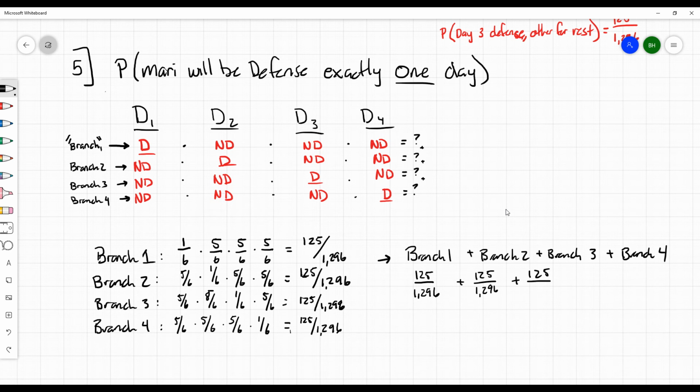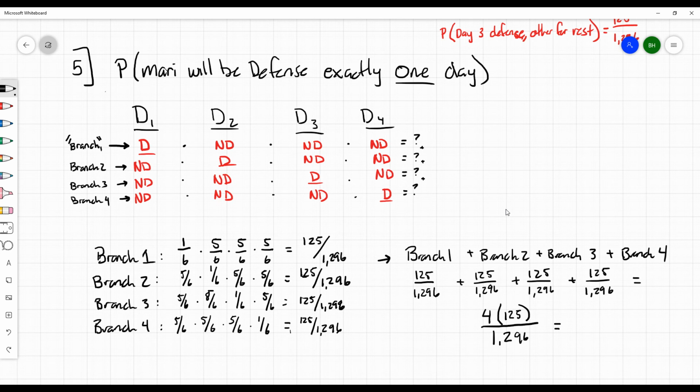Now, if you're wondering, oh my gosh, Hernandez, this is going to be such a big number. Well, keep in mind, when we add together all of these fractions, you actually maintain the denominator. So what we're going to do is we're going to keep the common denominator, 1,296, and then we have 4 different values for 125.